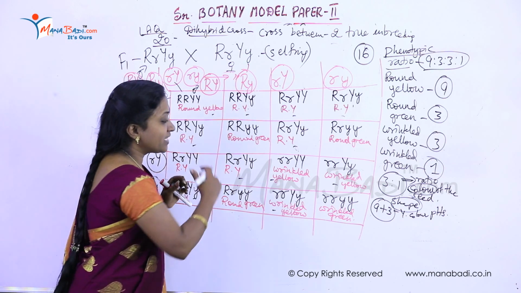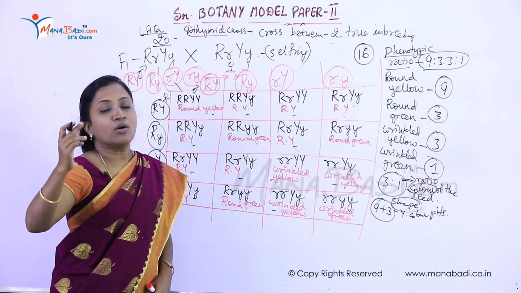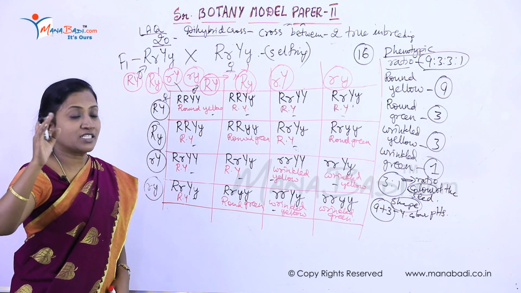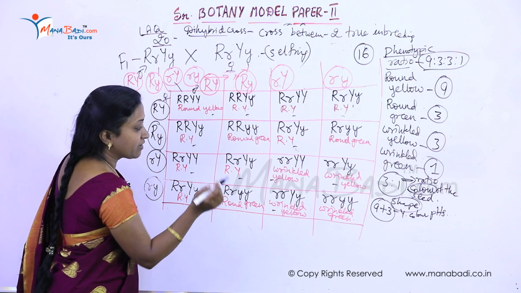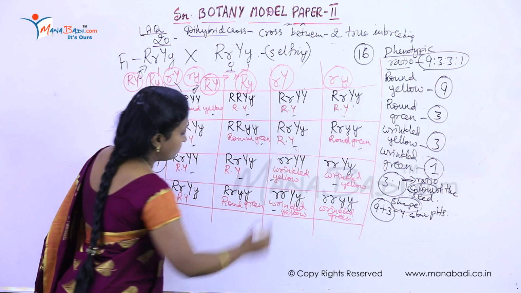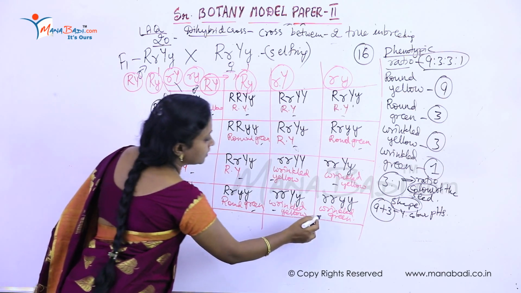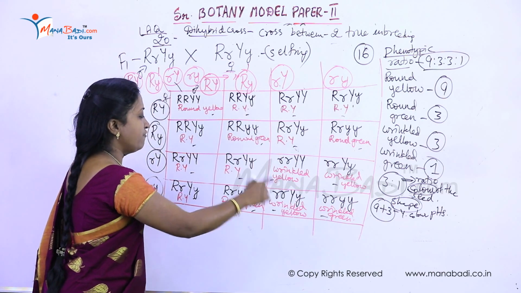The rest of the plants, the other 4 out of the 16 offspring, are green colored: 1, 2, 3 and 4.